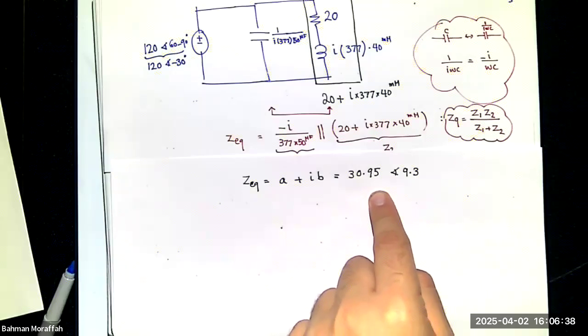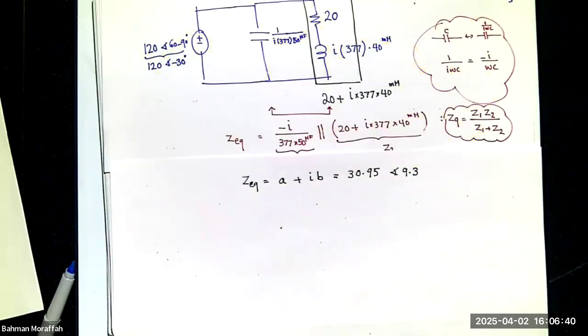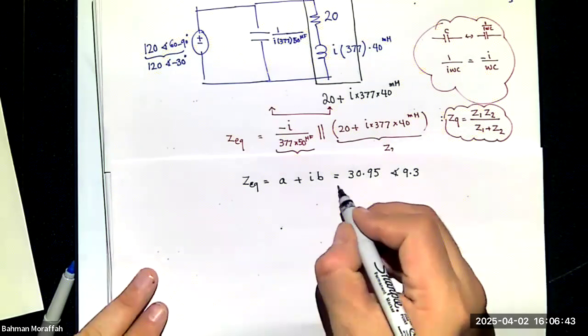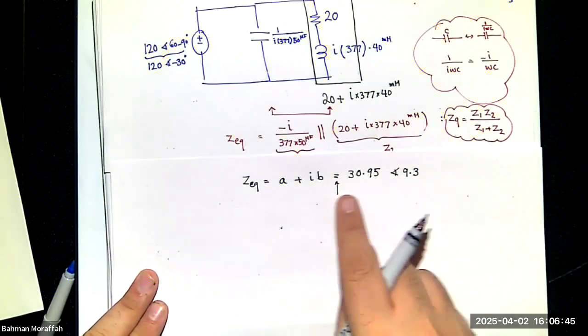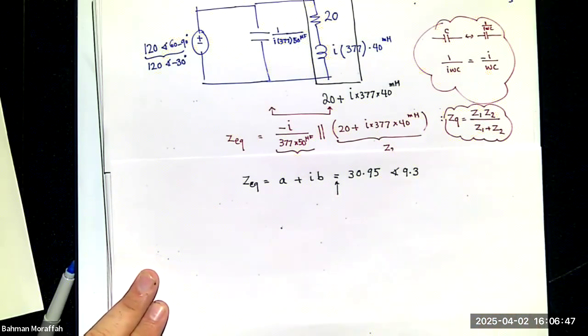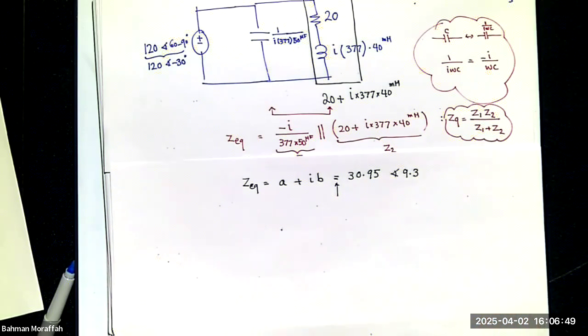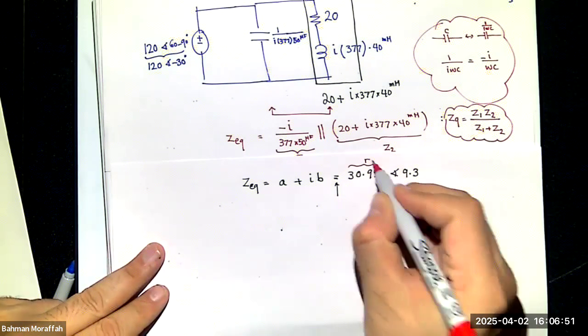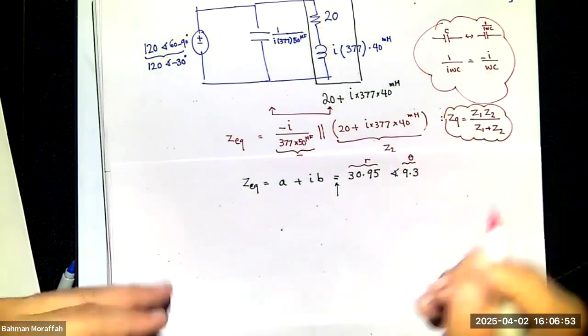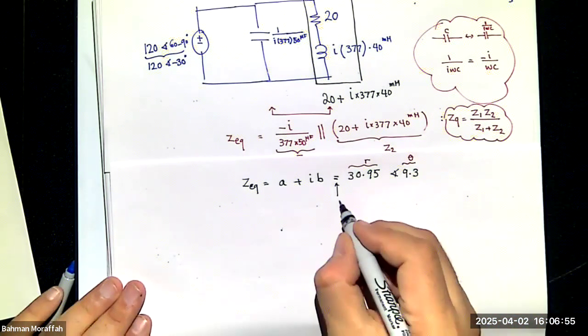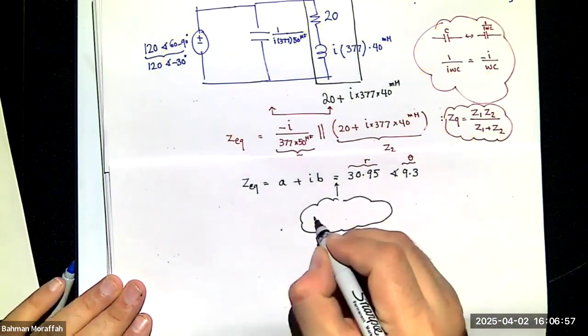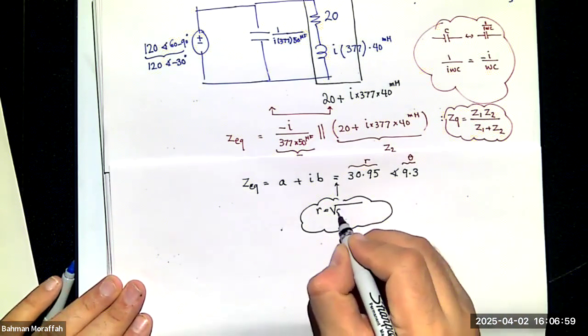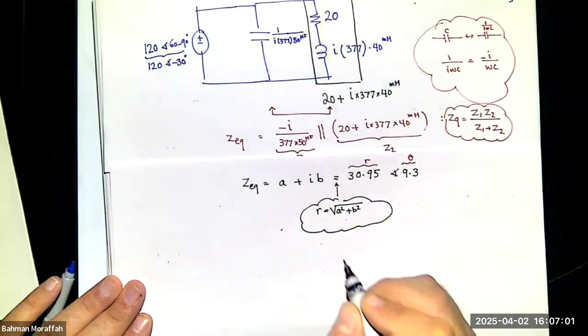You agree with me? How do I go from A plus IB to this form? Basically, if I call this R and this theta, how do I get R and theta? Remember, R is the square root of A squared plus B squared.